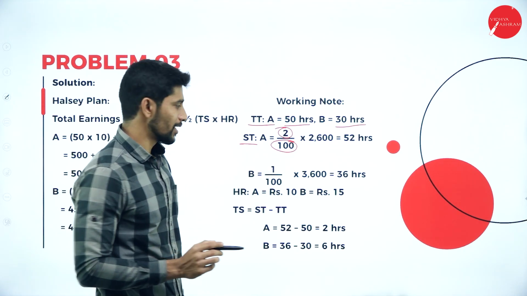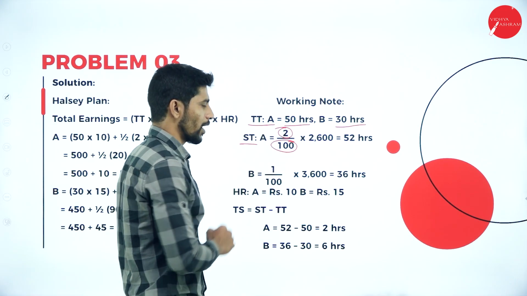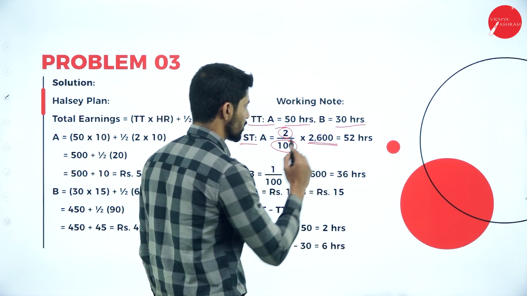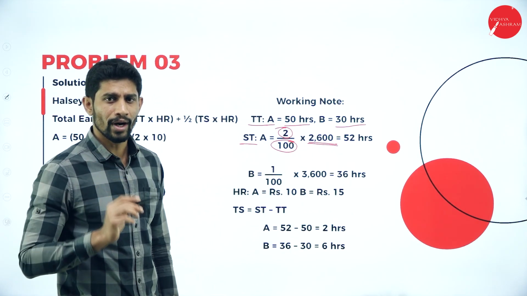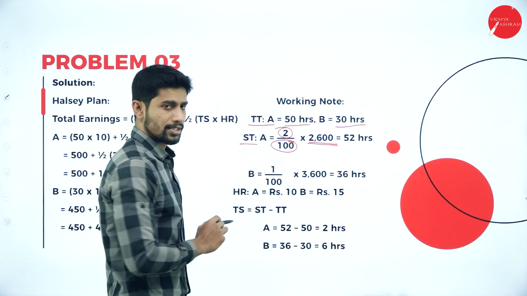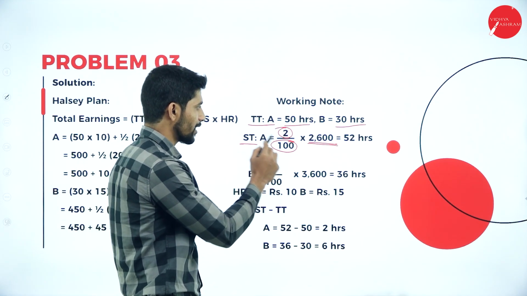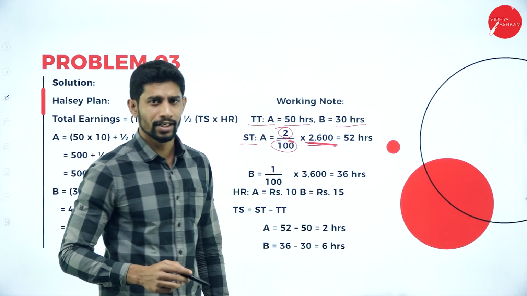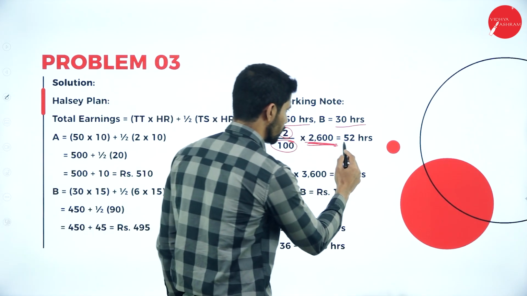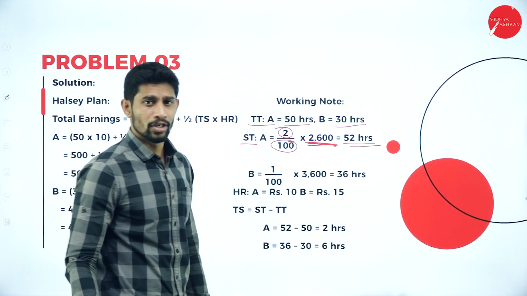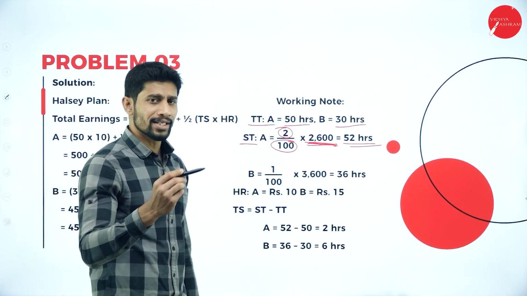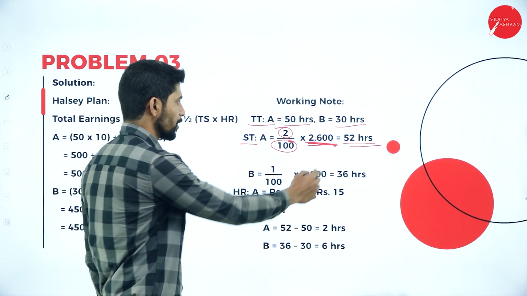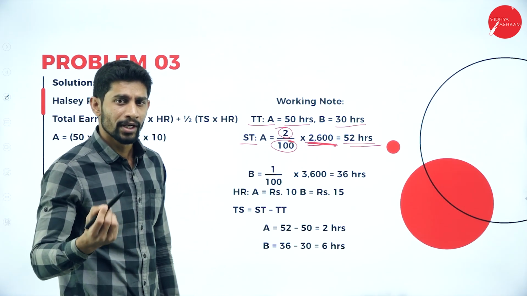In 2 hours, if they produce 100 units, what is the standard time required to produce 2600 units? You will get the standard time, that is 52 hours. So to produce 2600 units, the standard time fixed for worker A is 52 hours. Very simple.